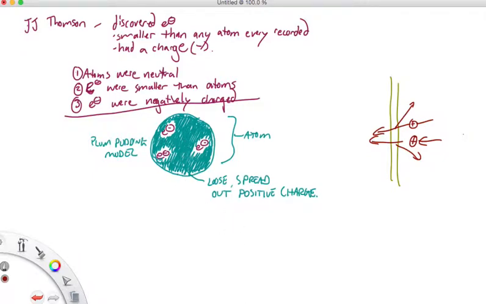And this model didn't do the trick. So what Rutherford said is, forget all this loose positive charge out here. What's really going on is that the positive charge is concentrated at the very center. I'm going to call that center the nucleus. Yeah, that sounds good. So all that positive charge is in the nucleus.